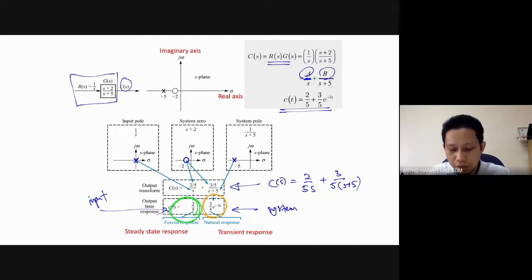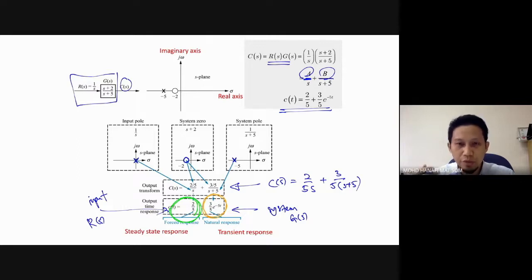So in this case, what is our input? We have R(s). What is our system? Our system is G(s). When we calculate, the system gives 3/5 exponential negative 5t, and the input gives 2/5.